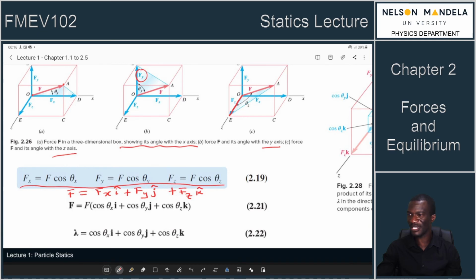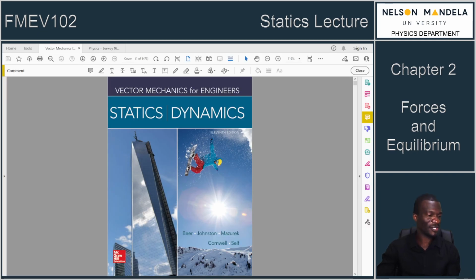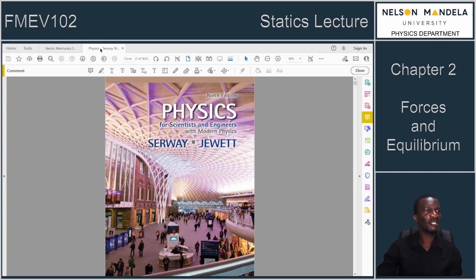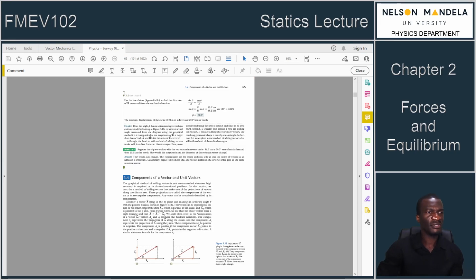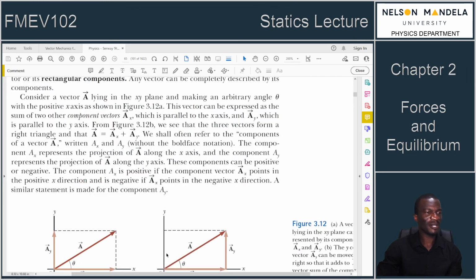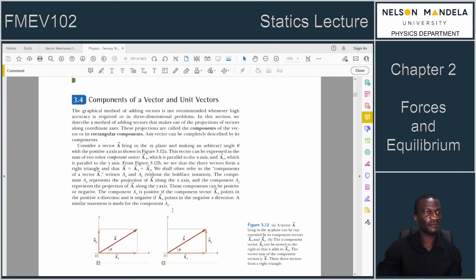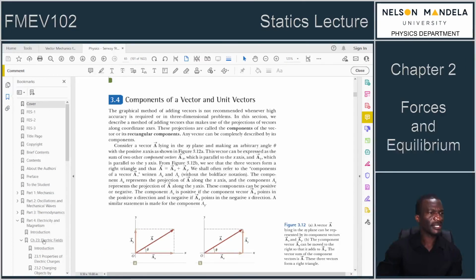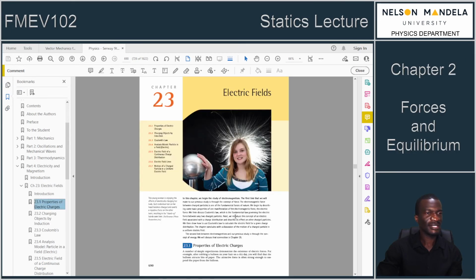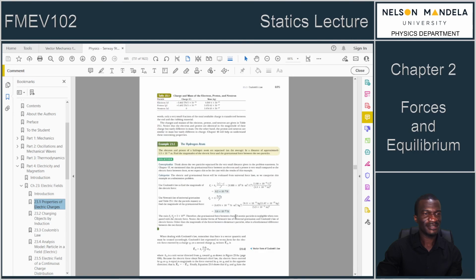You have actually done it and you've seen it before. Let me just pull out something that you have already used it in. You were doing electricity and magnetism just now, so let me pull this out. Which page do I still remember? Page 65. Okay, yeah. So you learned about these unit vectors in basic mechanics, but there is this chapter in electricity and magnetism that shows you the unit vector.